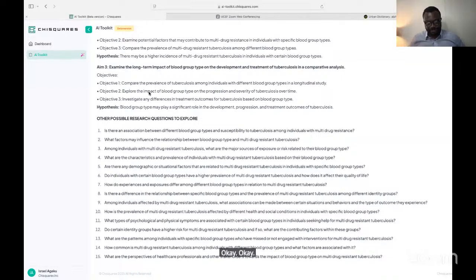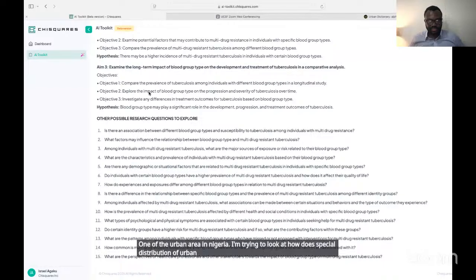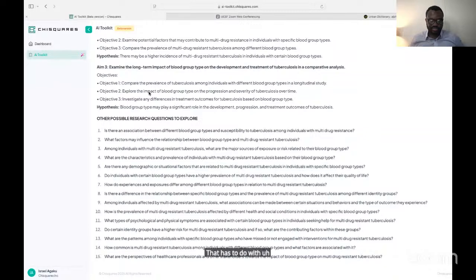I'm working on analysis of urban crime patterns in one of the urban areas in Nigeria. Trying to look at the spatial distribution of urban crime patterns within an urban area, to do with burglary, kidnapping, banditry, armed robbery, car snatching, and so many other issues. These are the crime activities that happen in that area.